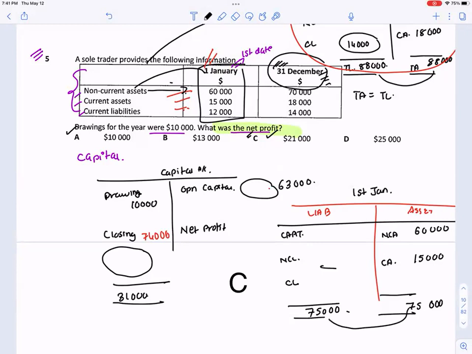Non-current liabilities we don't have. Current liabilities 12,000. What will be the capital? 75,000 minus 12. How much? 63,000. That is how I got it. Okay. Thank you.